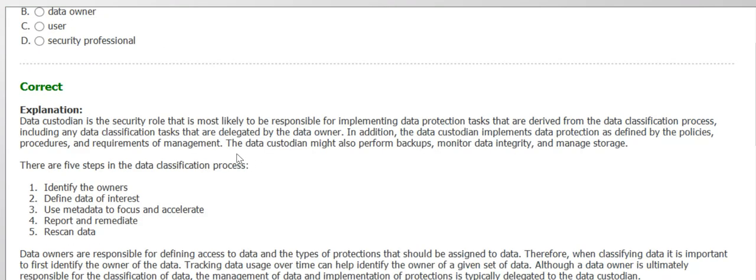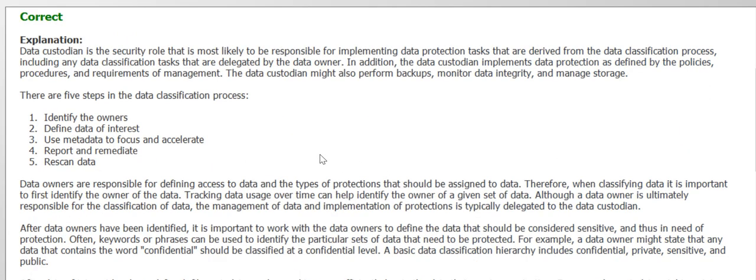The custodian is the security role most likely responsible for implementing data protection tasks. It implements data protection as defined by the policies, procedures, and requirements of management. He can also perform backups, monitor data integrity, and manage storage.